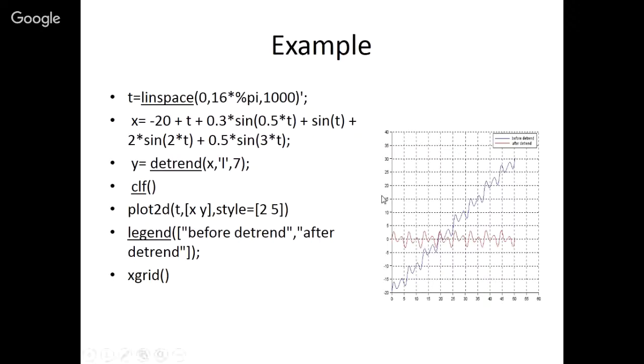So here we have written linspace, as you know, linspace takes an initial and final value and a step, that is 16 times %pi. After that, we are giving the equation, that is a linear equation. It may be anything, like -20 plus sine 2t and sine t.